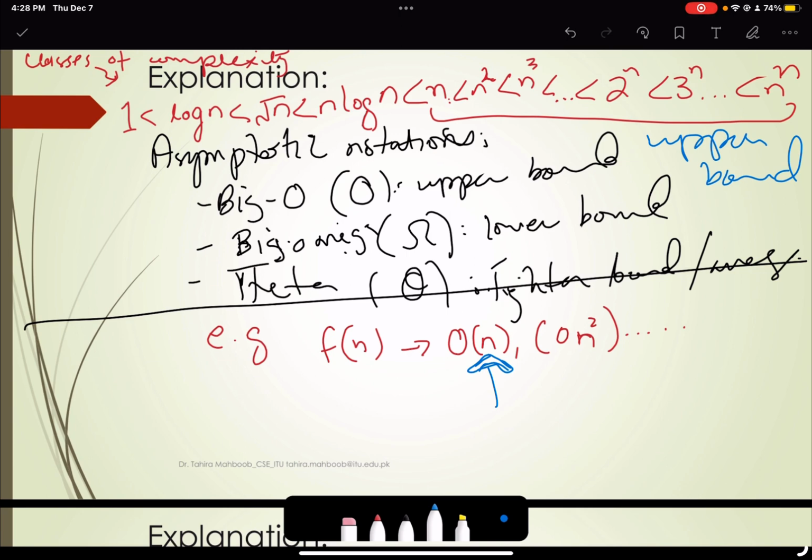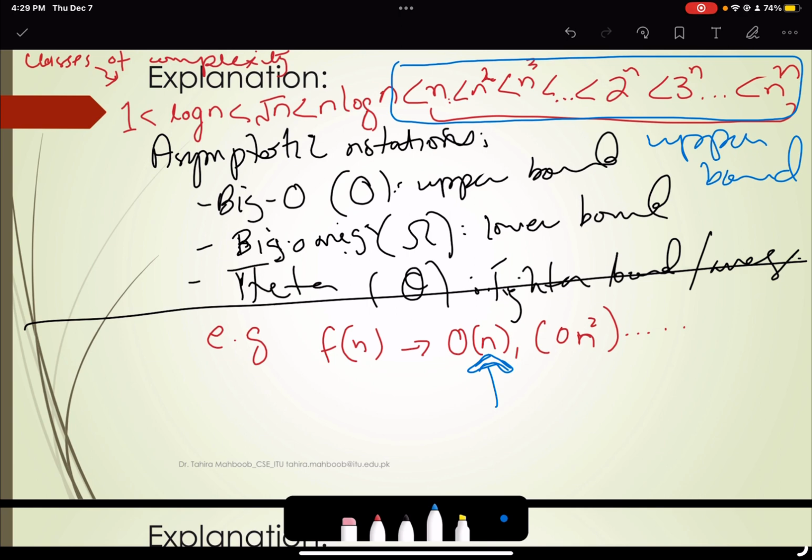All the functions that are greater than n become the upper bound. So we take the least function for the upper bound.